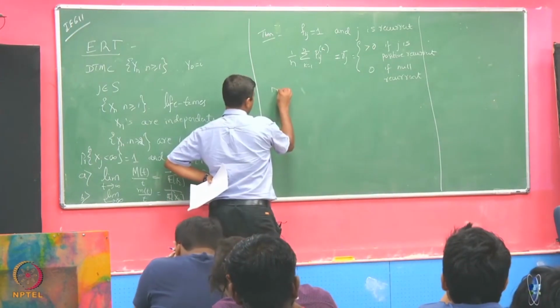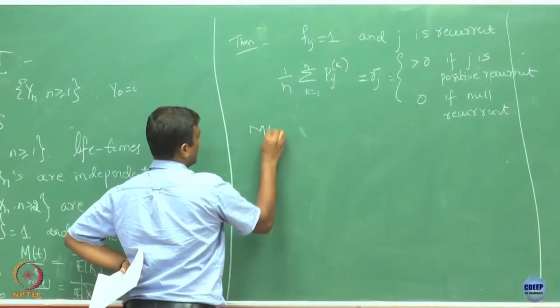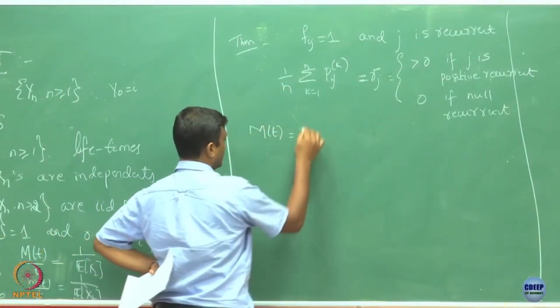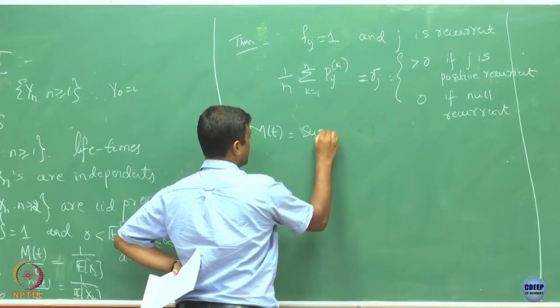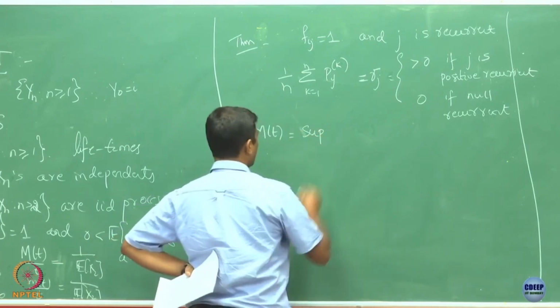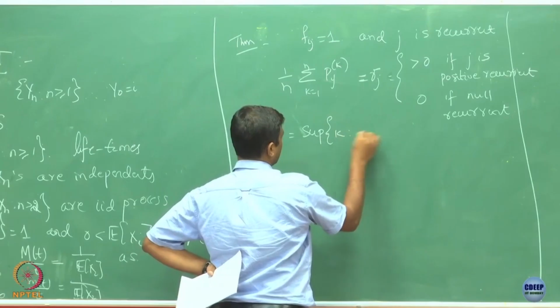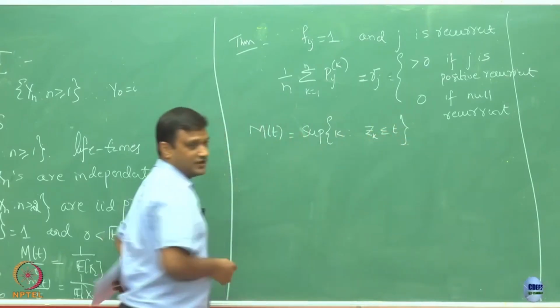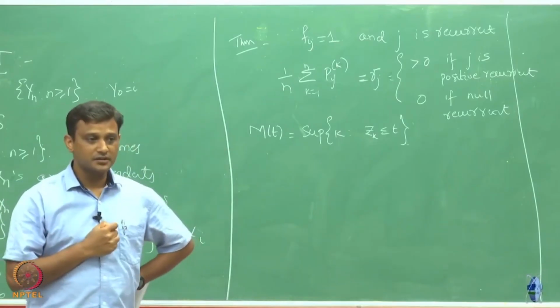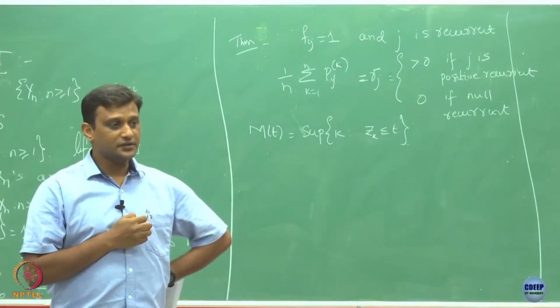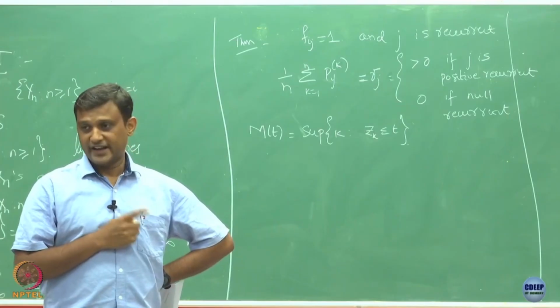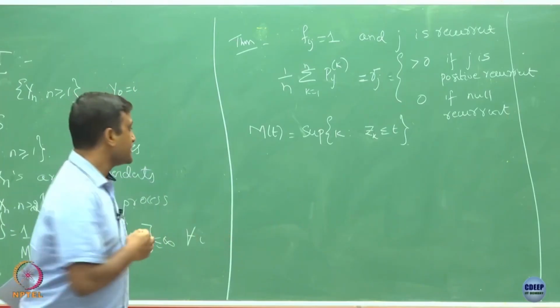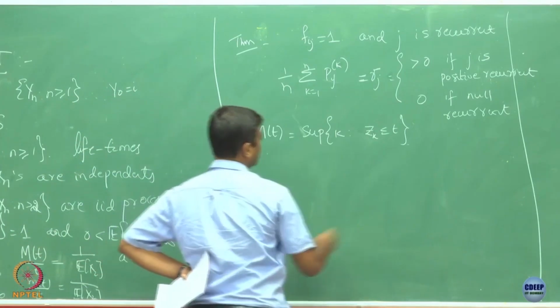One thing we have defined is m of t, equal to the number of k such that z of k is less than or equal to t. We called this m of t the renewal process, and this is defined for any t.